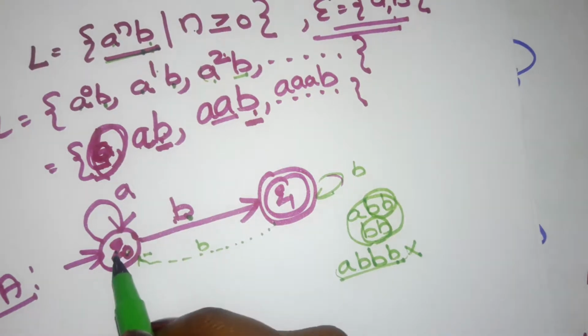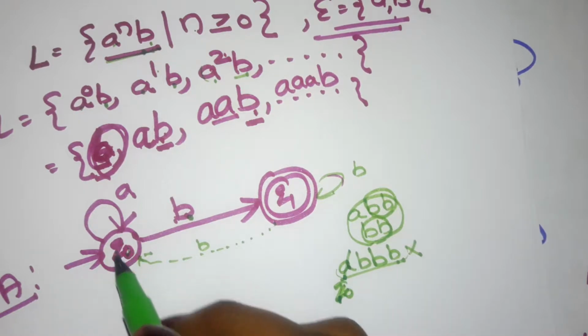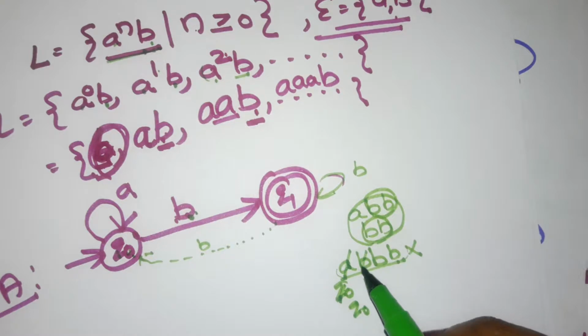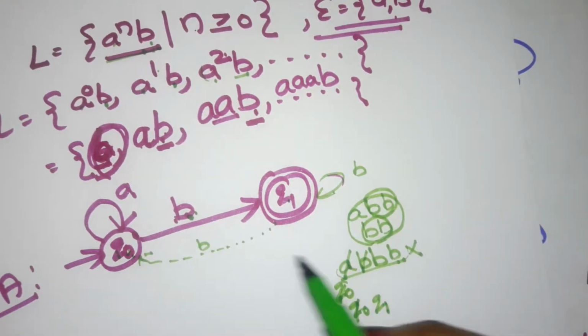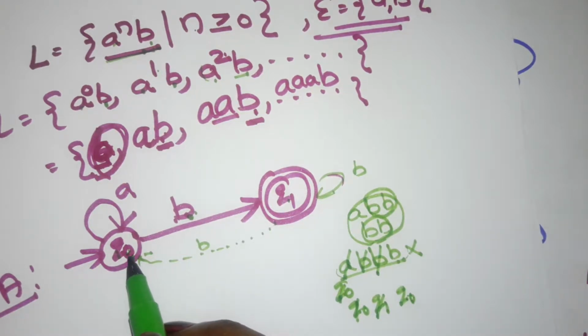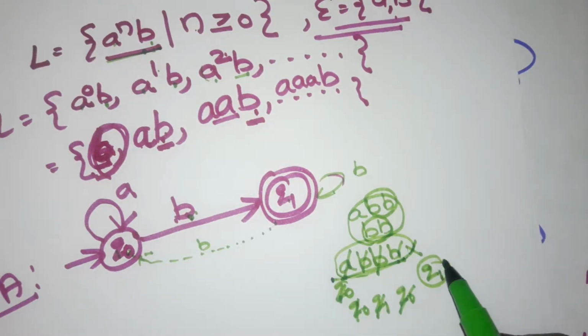Instead of the self loop on q1, consider this. Start with the initial state q0. q0 on a goes to the state q0 only. q0 on b goes to the state q1. Again q1 on b, for example, goes to q1, and after reading the entire input, it is in the final state.